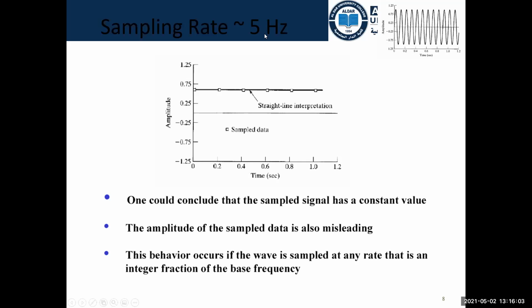If the sampling frequency is a fraction of the original frequency, we will have a straight line like that. But if it is lower than 10 hertz, we will see different samples and different types of frequency that will be created.